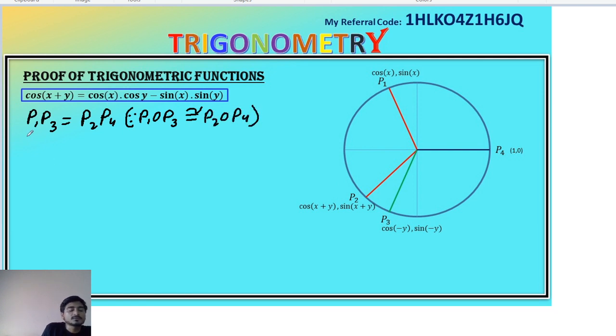Now first we will see what P1 P3 is. Is it fine?